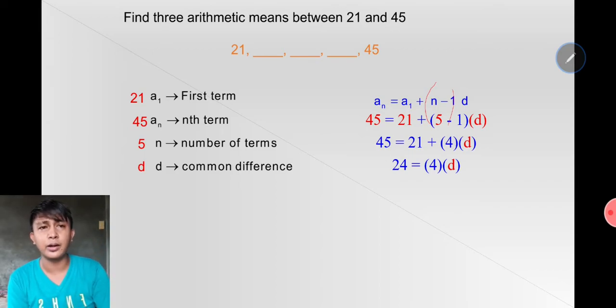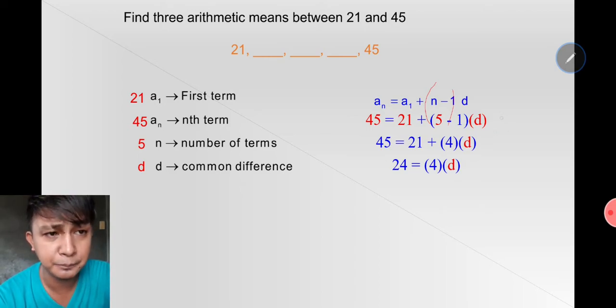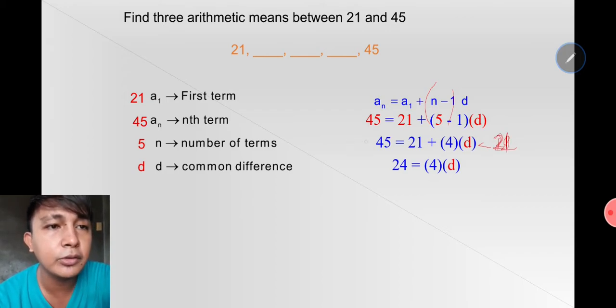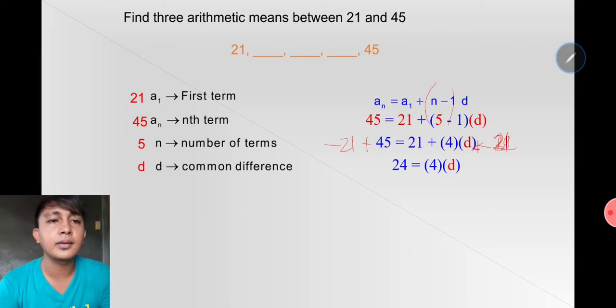Why 24? How did we get 24? To get rid of this 21, we add negative 21 to both sides. So negative 21 plus 45, we have positive 24.